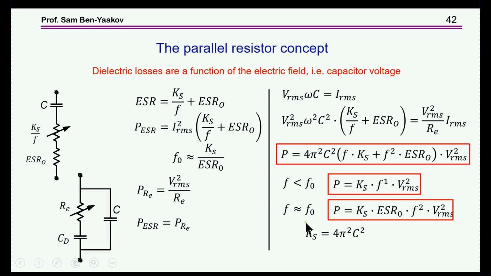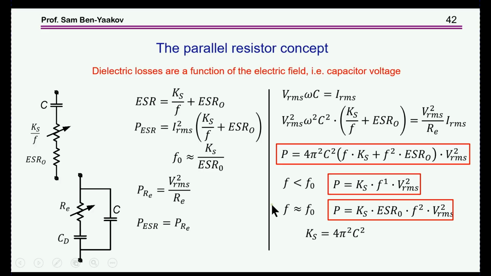Now, this is the more correct way of expressing the losses of a ferroelectric material, because the hysteresis curve, which is responsible for the losses, the area of the hysteresis curve is the losses. The hysteresis curve is a function of flux density, which is a function of the voltage. So the voltage is what is causing losses in a capacitor, not the current.